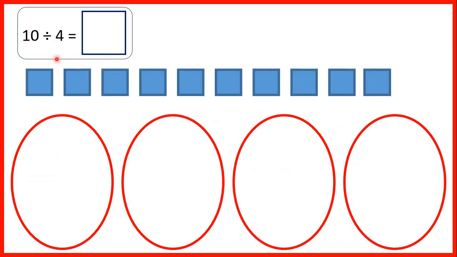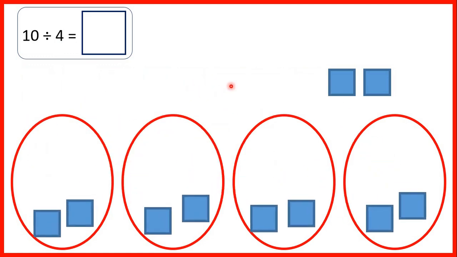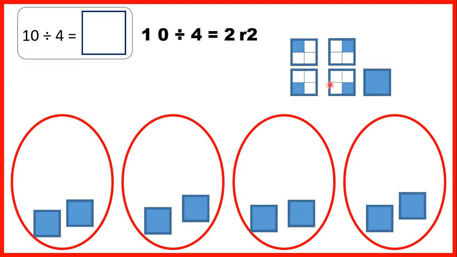And let's look at the second question, 10 divided by 4. Well, we can share out 8 blocks between 4 groups to get 2 blocks in each group. So 10 divided by 4 is 2 remainder 2, because there are 2 blocks in each group, but then there are 2 blocks that we haven't been able to share out. But this time, what we can do is split each of our blocks into quarters. And the reason we're splitting them into quarters, not into thirds like we did in the last question, is because we're dividing by 4.